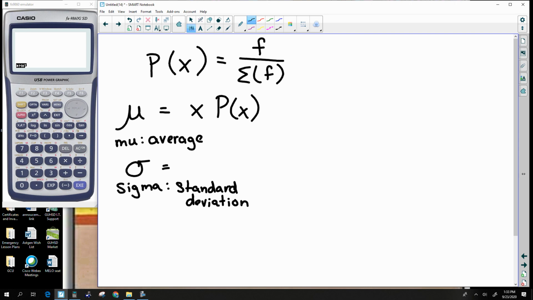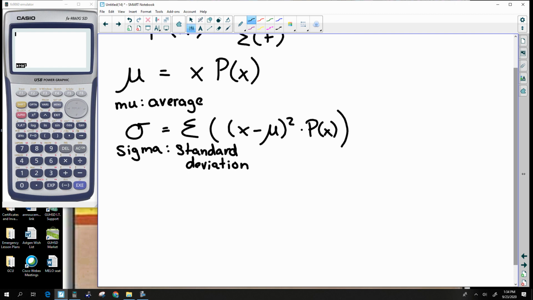The formula for this standard deviation is going to be the sum of, open, x minus mu, closed, squared, times P of X. Okay. Then we are going to further get on. This is further down the road.